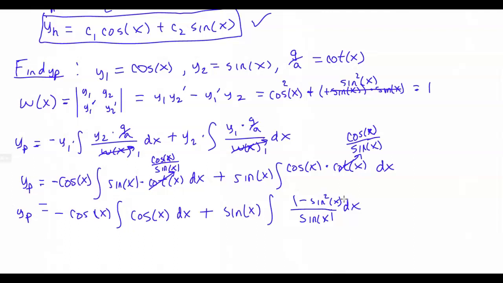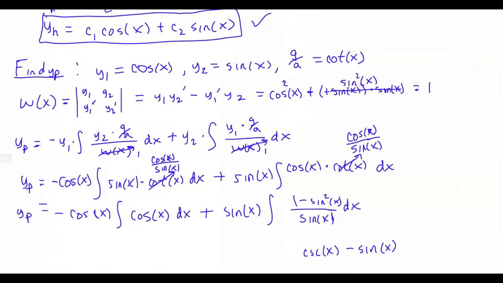Now, with us having 1 minus sine squared over sine, we could break this up as 1 over sine minus sine squared over sine. And what that will end up being is cosecant x minus sine x. So I'm going to erase this part here and rewrite this 1 minus sine squared x divided by sine x as cosecant x minus sine x.